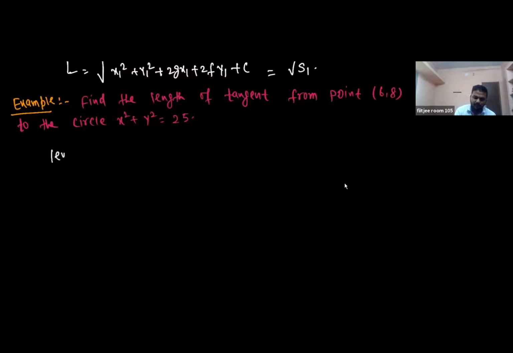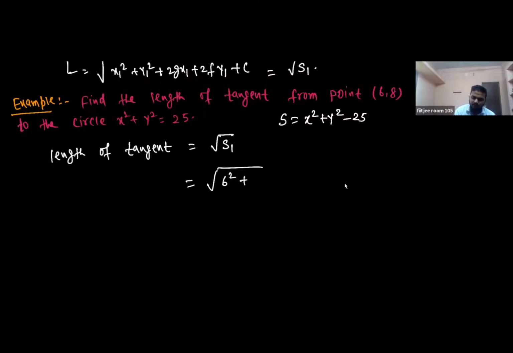What I can say? I can write down length of tangent formula directly, that is square root of S1. S1 is given as x square plus y square minus 25. That means square root of S1 is 6 square plus 8 square minus 25.